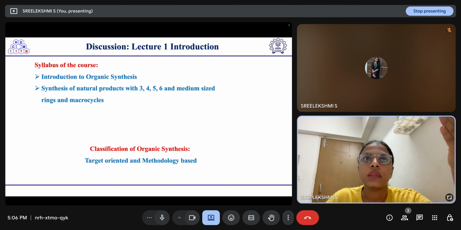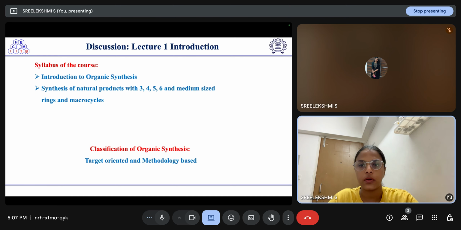On the way, what we designed in the retrosynthetic strategy may not always work. In that case we have to modify our strategy, or sometimes change it completely, to tackle the target we are planning to synthesize. So in target oriented synthesis we have a particular target, and in many steps we achieve that natural or non-natural product. Now another type of organic synthesis is methodology based synthesis.